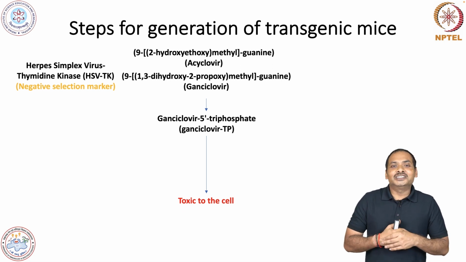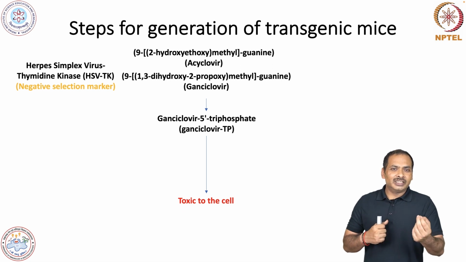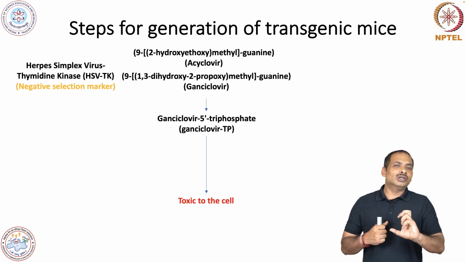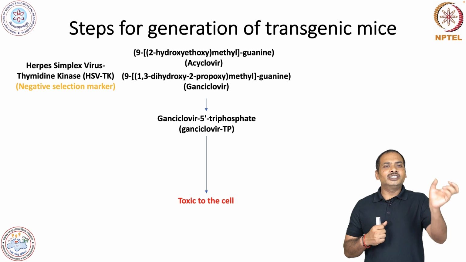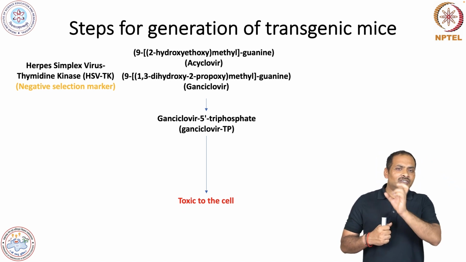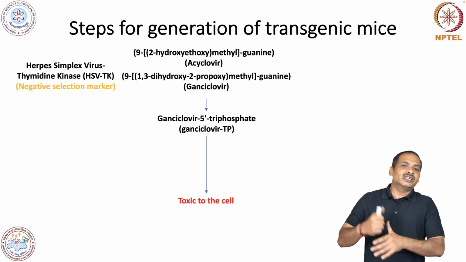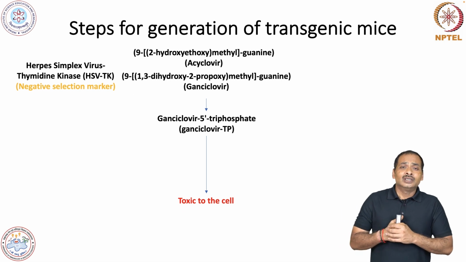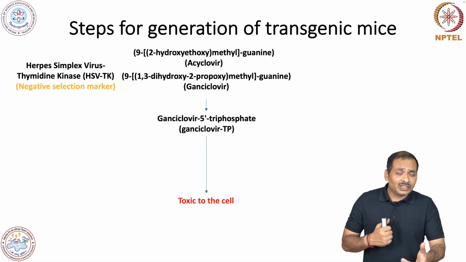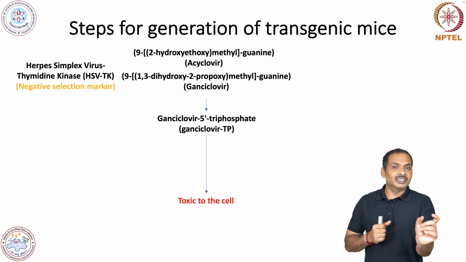But in general it is not the case. Okay. When you put the DNA molecule in, it has a property that it can integrate anywhere in the whole genome. If it integrates anywhere in the genome, then those cells are useless. They are not useful for making transgenic mice. Okay. So, that is why we have incorporated HSV-TK, the negative selection marker.